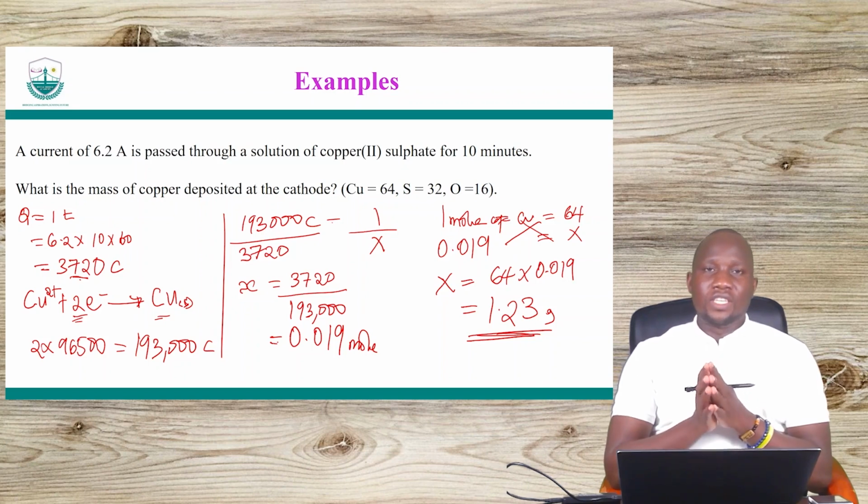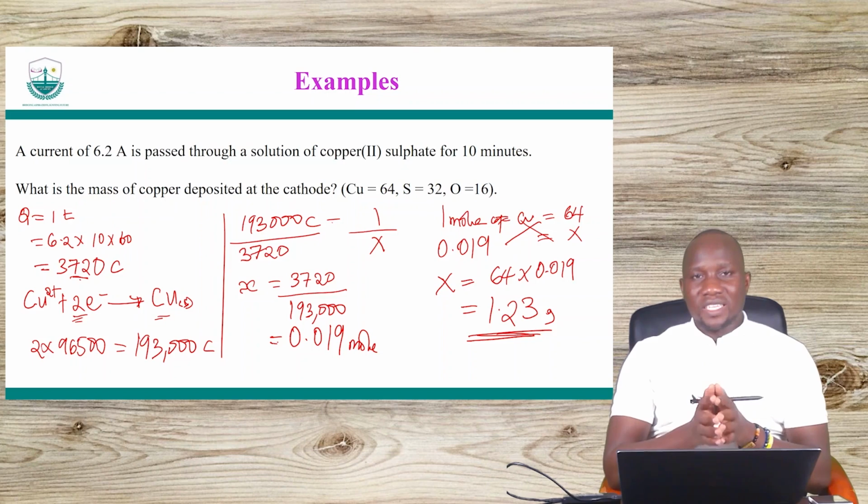Understand the charge that is on 1 mole of electrons. Understand how to write those half equations, because they will give you the number of moles of electrons, and then you can play around with them. You need to practice these calculations as much as you can to grasp the concepts. Thank you for listening.